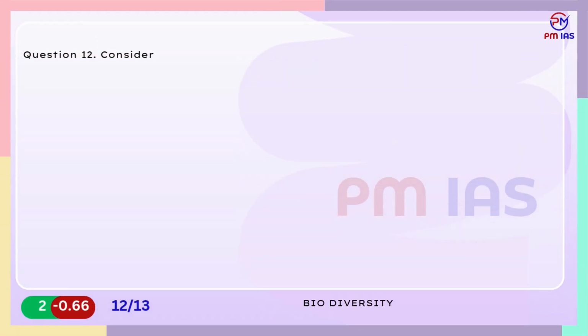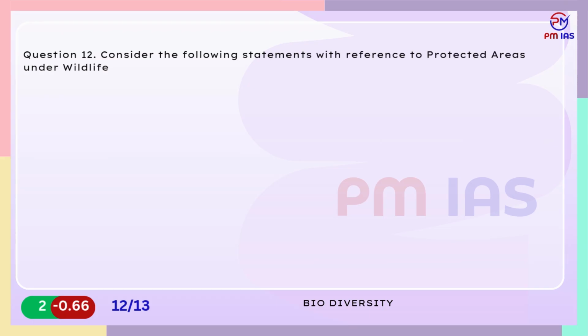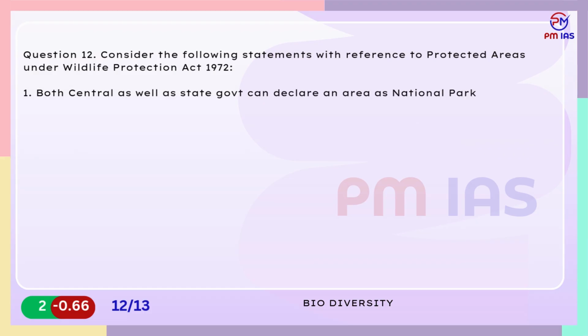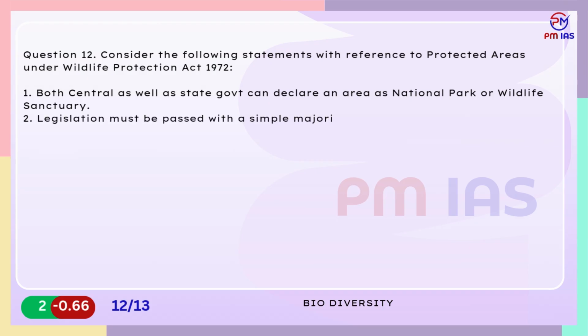Question 12. Consider the following statements with reference to protected areas under the Wildlife Protection Act 1972. 1. Both central as well as state government can declare an area as national park or wildlife sanctuary. 2. Legislation must be passed with a simple majority to alter the boundary of a national park or wildlife sanctuary. 3.